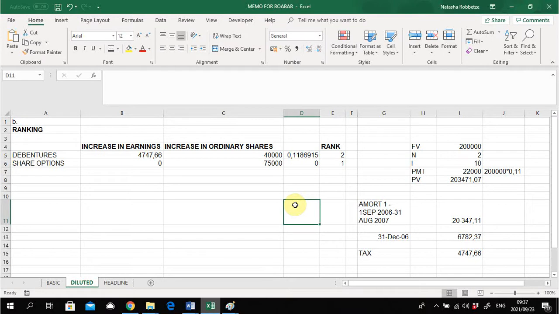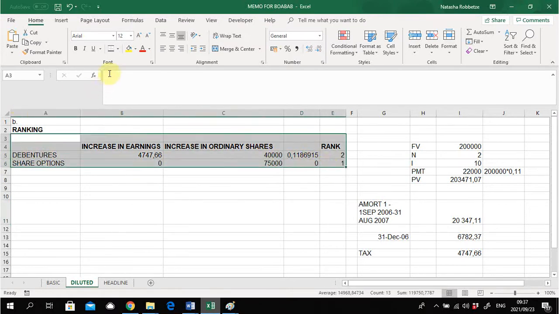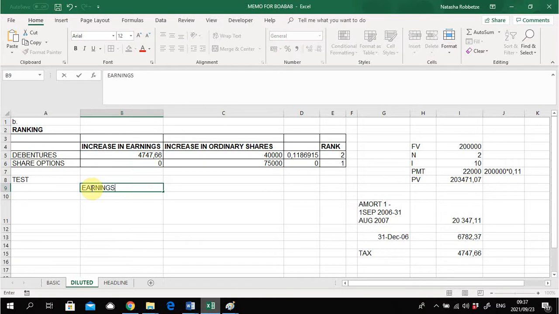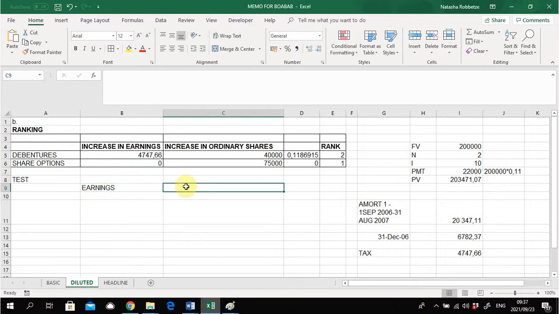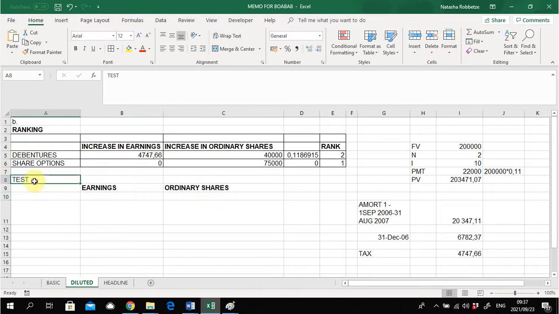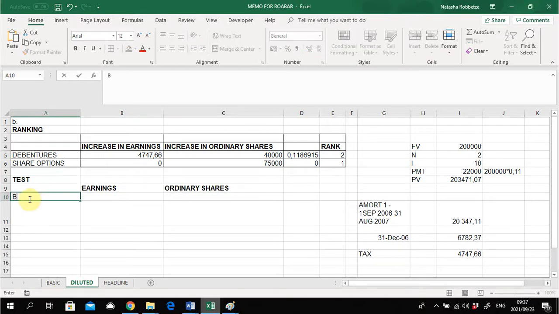Now that we've ranked them, we need to apply our second step where we use the ranking, and here we need to test for dilutiveness. When we test for dilutiveness, we start with our basic earnings per share information.